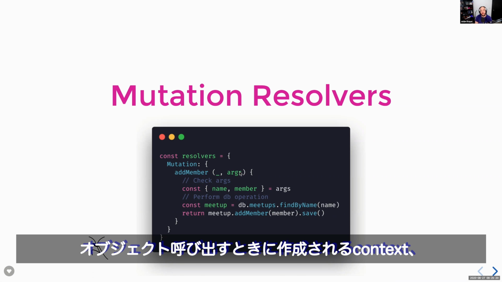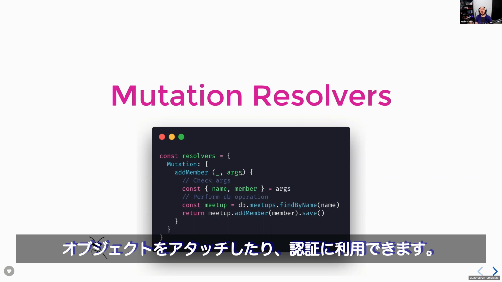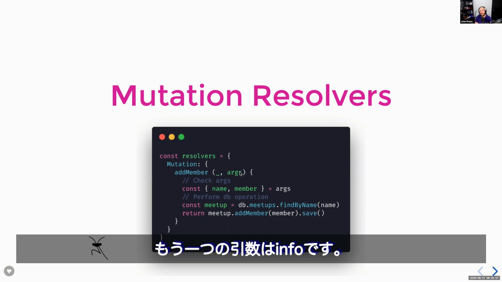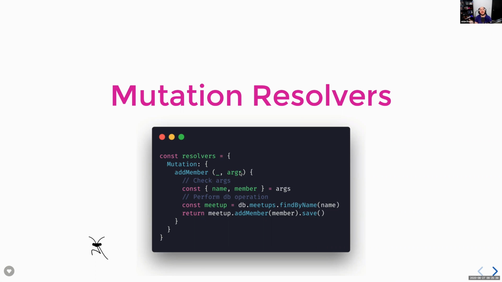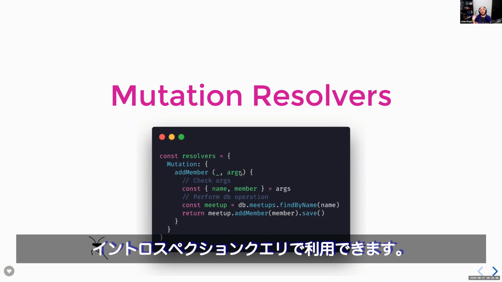The other two arguments are going to be the context, which is an object that is created on every request and can be used for attaching objects to the request scope or for doing authentication, for example. And the other argument is going to be info, and info contains the abstract syntax tree of the query if you want to do some query introspection.